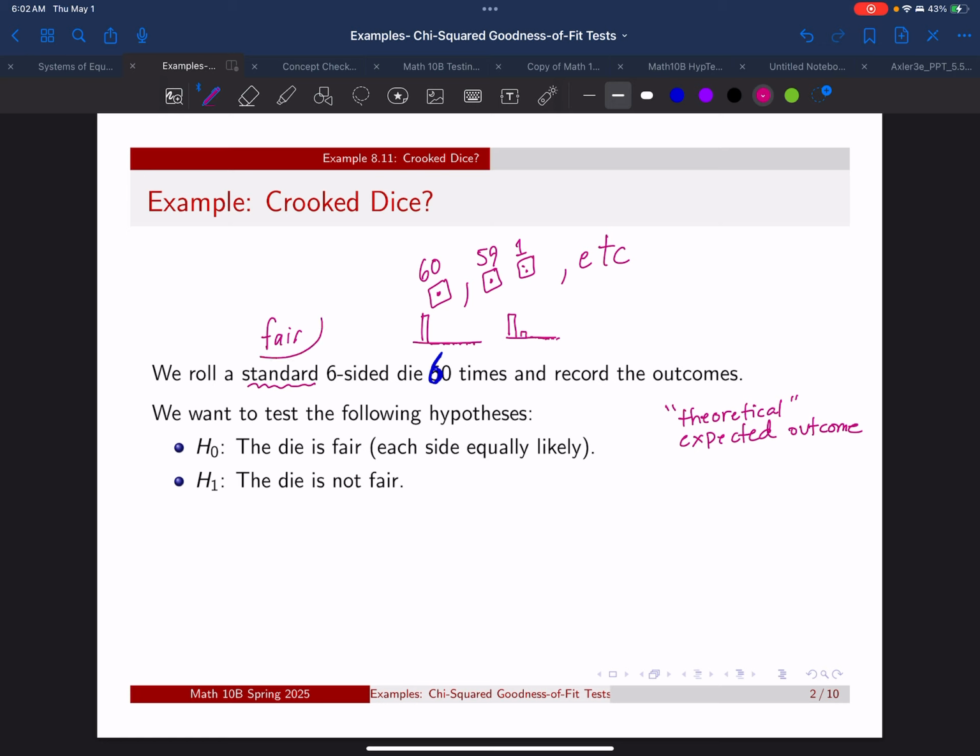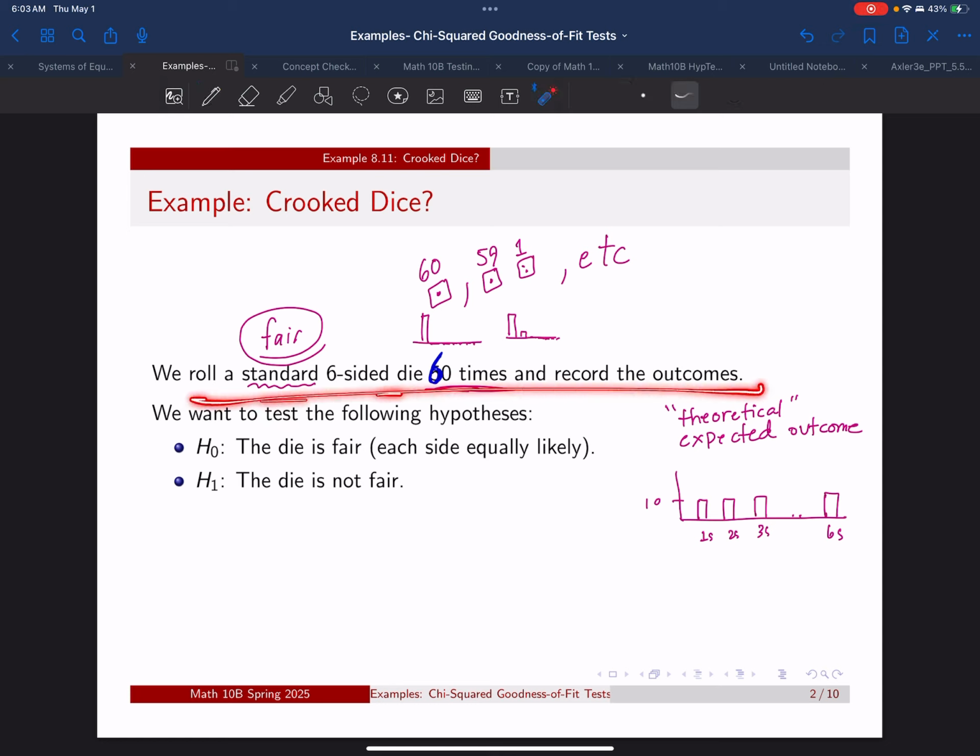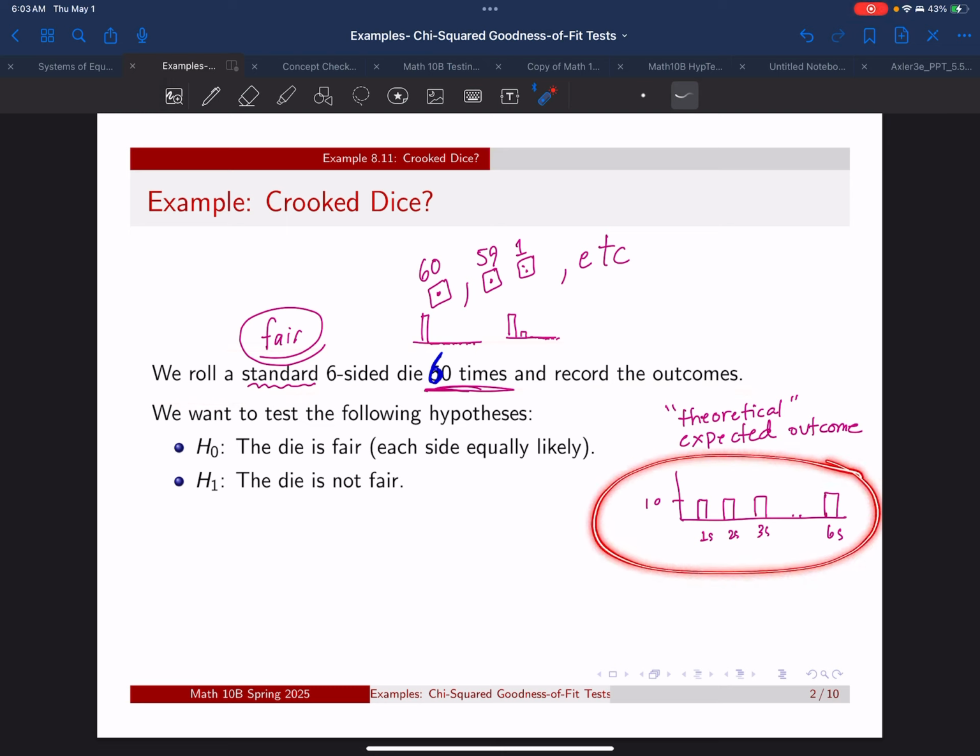If you roll a fair die 60 times, you'd get 10 ones, 10 twos, 10 threes, and so forth and so on. So depending on whatever we get, how extreme is it compared to what we would expect, or the theoretical outcome?